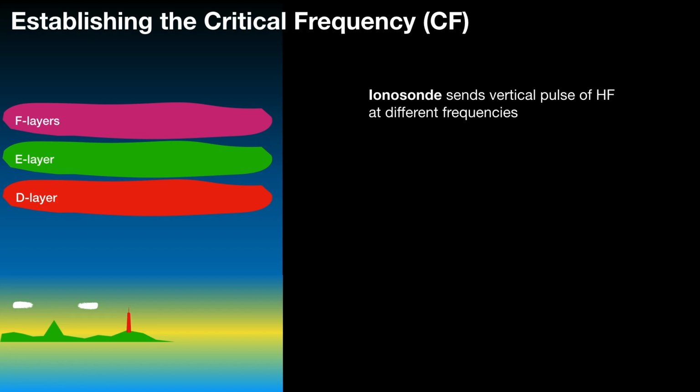And the ionosonde antenna will be a log periodic, in other words, it'll have a wide frequency range, and instead of pointing roughly parallel to the Earth's surface, as you would expect with HF antennas for communications, it'll point straight upwards.